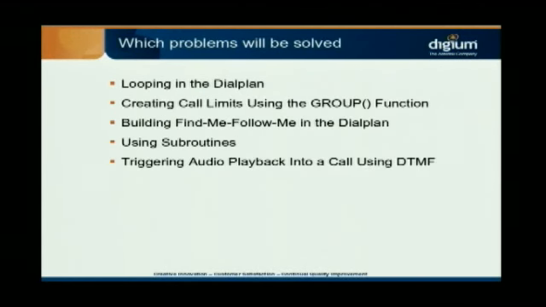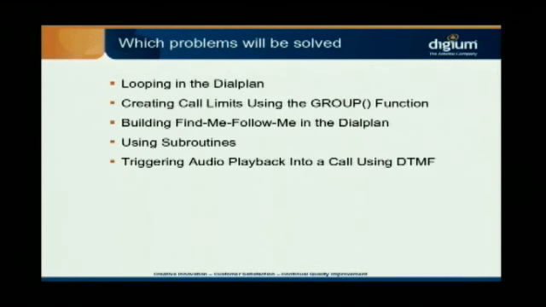The problems that I'm going to be solving start very simple and basically increase in complexity as we go, where the last one is a little bit crazy, but I thought it was a really neat way of showing some of the flexibility and creativity of the dial plan. You can be really creative or crazy when you're writing your dial plan, and while there may be solutions where you would go, why would you do it that way?